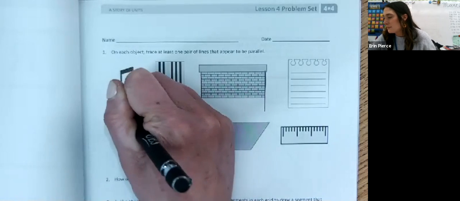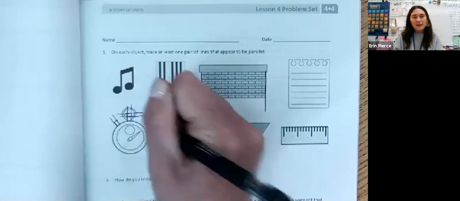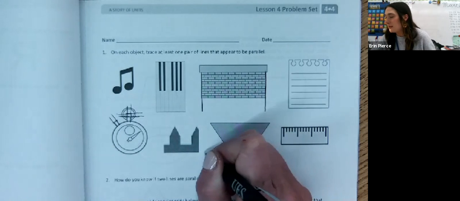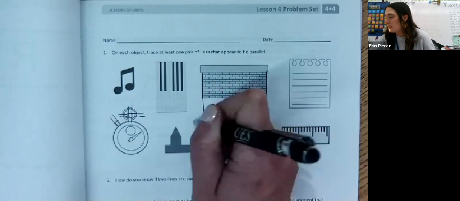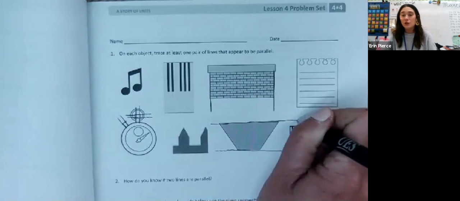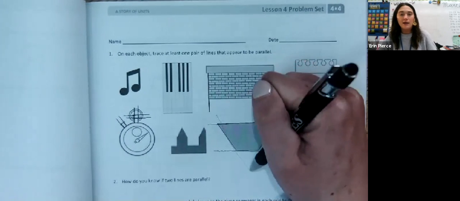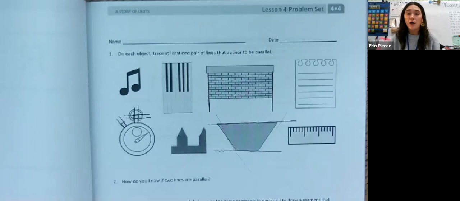Or this set? You just have to use that keen eye of yours to find these parallel lines. This trapezoid, our parallel lines would be this set, because if I chose this set, they would eventually intersect, which is what we do not want.